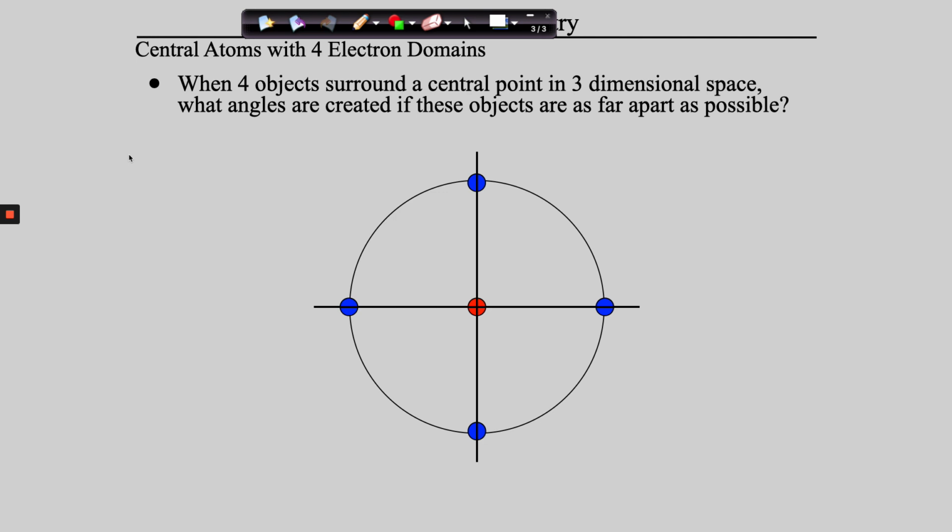What are those angles? 90 degrees. You guys know that much geometry, right? All four of those angles are 90-degree angles. So I got a question for you. Why is that not the answer to the question? Talk to the person next to you. Why is the answer to this question, four objects spread out, why is the answer not 90 degrees? Talk about it.